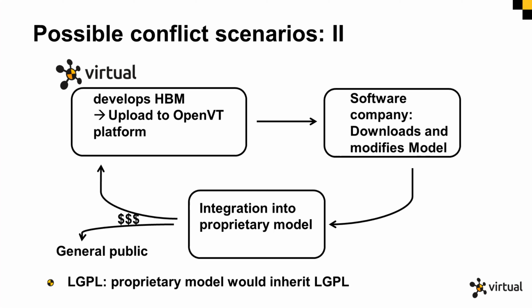Now this would not be possible because the proprietary model would automatically inherit the LGPL license. That means, well, you could of course sell it, but anyone who buys it would have the right to give it away for free again, because it would still be licensed LGPL. So those are essentially the thoughts why we chose this license. And we think that's actually a good solution to these problems.